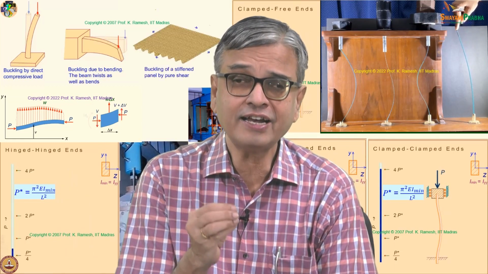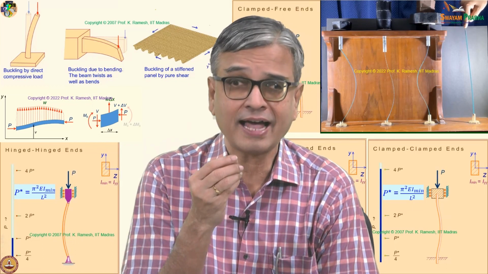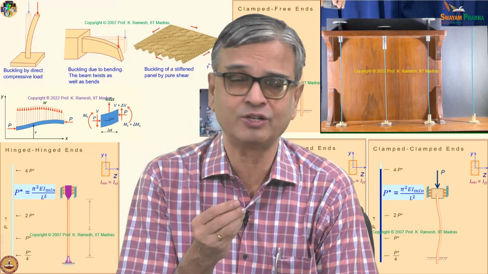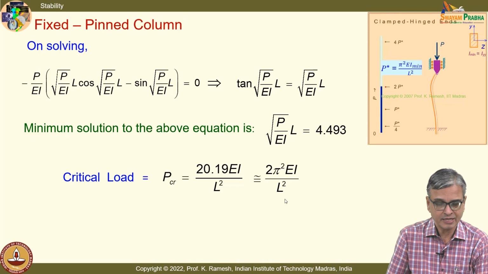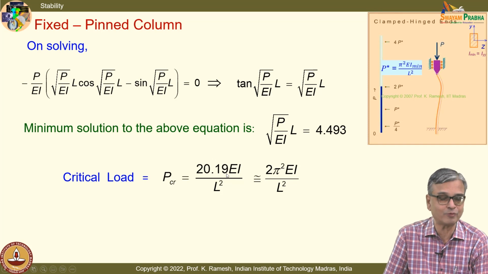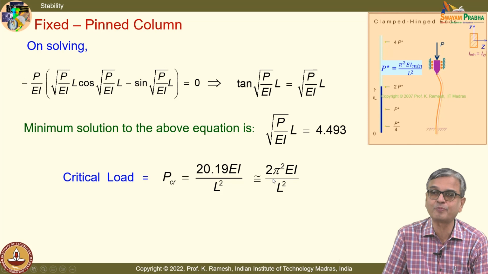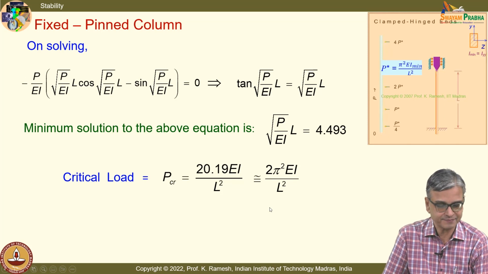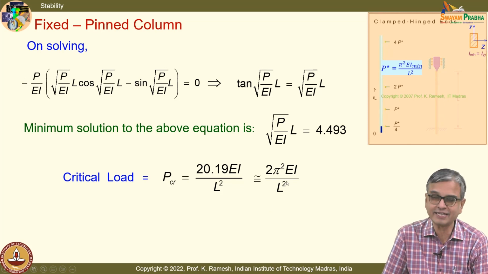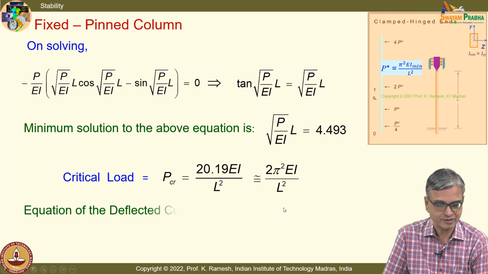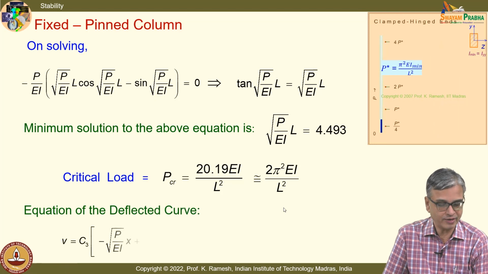And in reality, how do we have these end conditions realized? We will also have a discussion on that. And from that point of view, if you want to compare, rather than looking at this as 20.19, it is convenient for us to have this as 2 pi square. Because pi squared EI by L squared is your basic expression. So, I can say what is the value of the equivalent length.